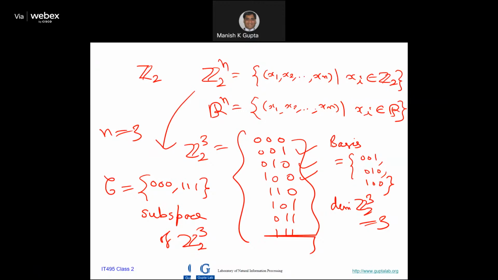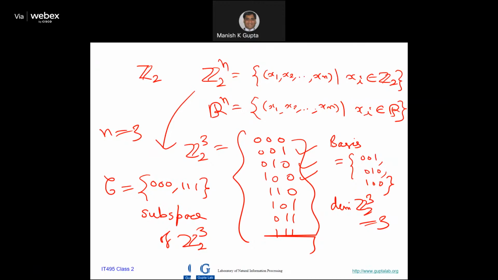Now, what else? I can ask many questions. If you remember n-dimensional space, how many one-dimensional subspaces are there in, say, Rn? All lines passing through the origin will be one-dimensional subspaces.